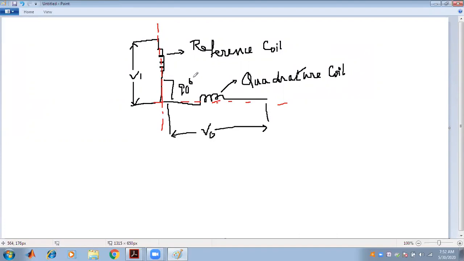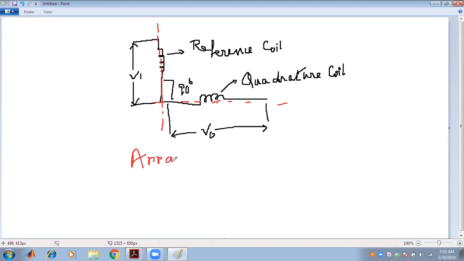Now we will discuss the schematic diagram of an AC tacho. This is the armature winding, that is, the arrangement of the windings of an AC tacho generator.